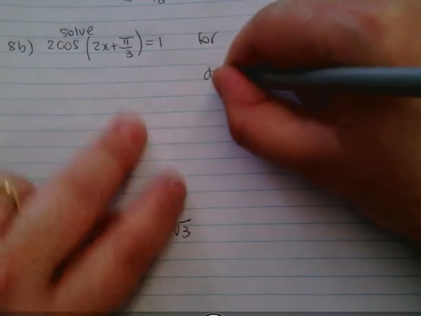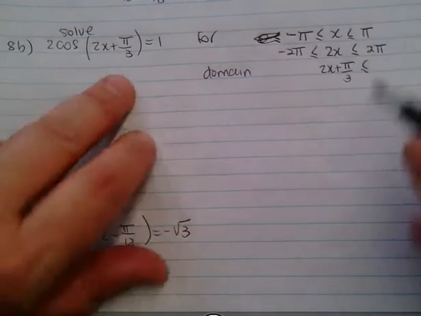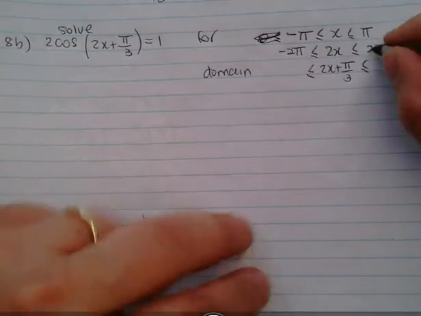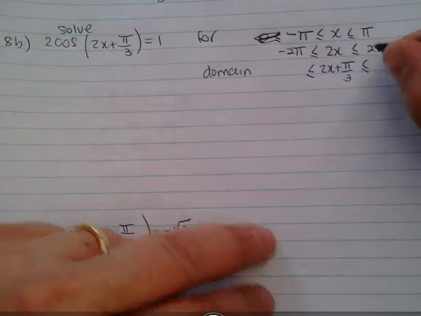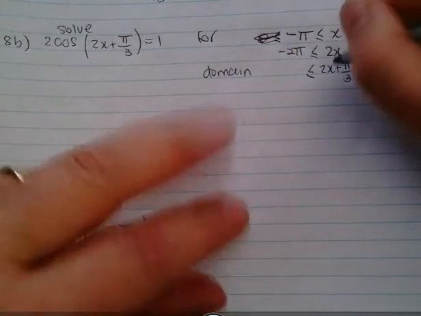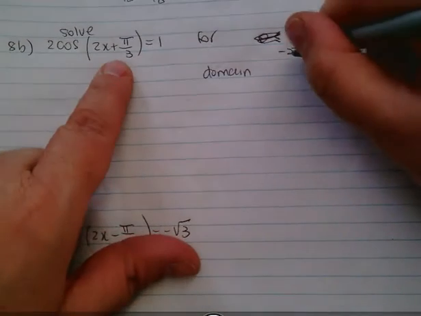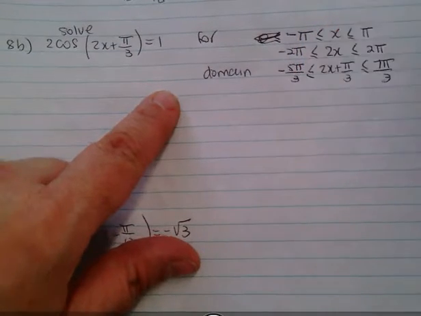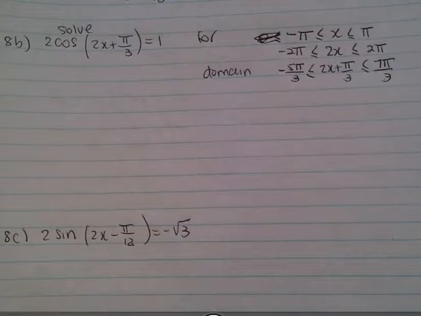So our final domain will be to double them all, which we did, and then add pi on 3 onto each of those. So that's 2 1/3, 2 1/3 is 7 pi on 3. And this is negative 2 plus, because we're adding a third, negative 2 plus a third is negative 1 2/3, negative 5 pi on 3. Okay, so that's the new domain there.